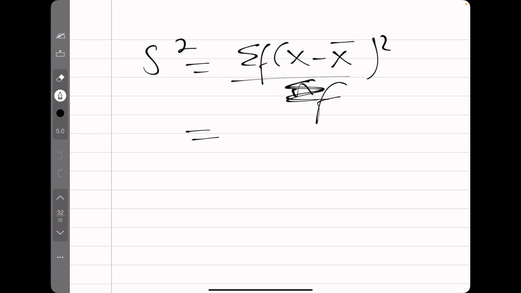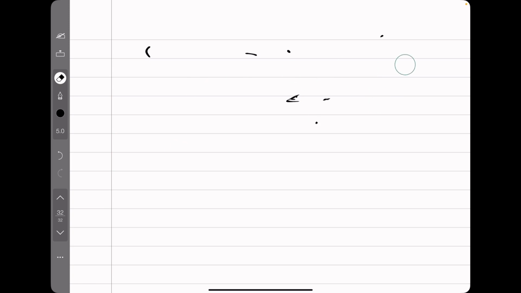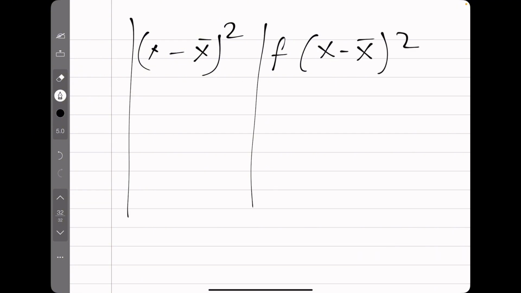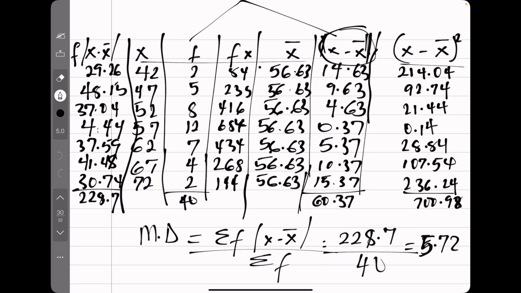So in our previous example where we used the table, we got x minus x bar, we got x minus x bar square, but we did not get our f times x minus x bar square. So now we'll be doing f into x minus x bar square, which is the continuation from the previous table. I'm going to go to the previous table and write down the values.